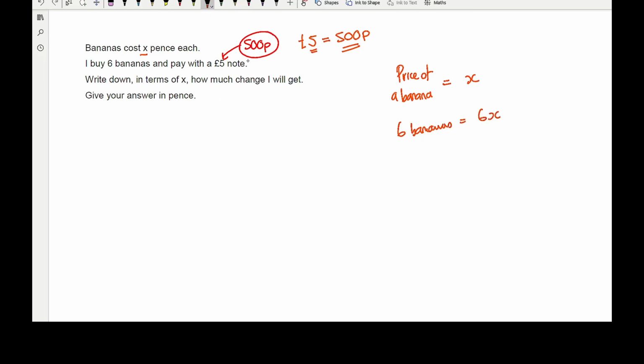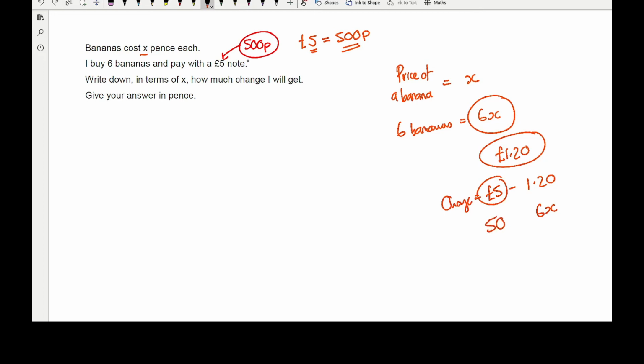So working out the change, let's say if 6 bananas cost £1.20, my change would be £5 minus whatever this costs, so it'd be £1.20. Now I know that the cost is 6x. I know that £5 in pence is 500, so the actual answer for this particular question is going to be 500 minus 6x.